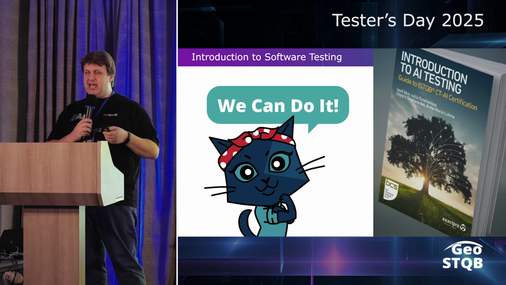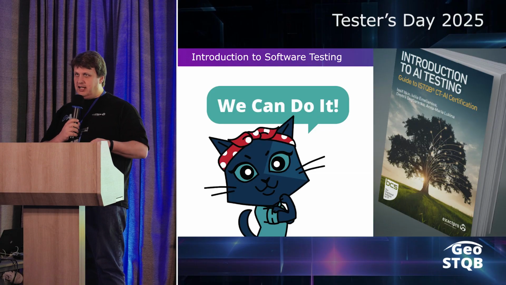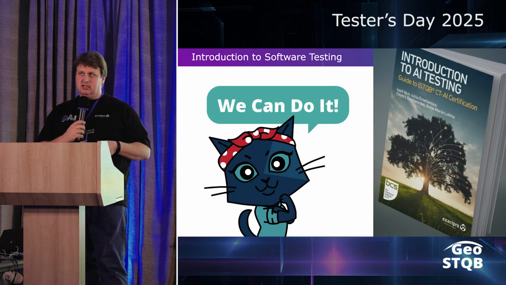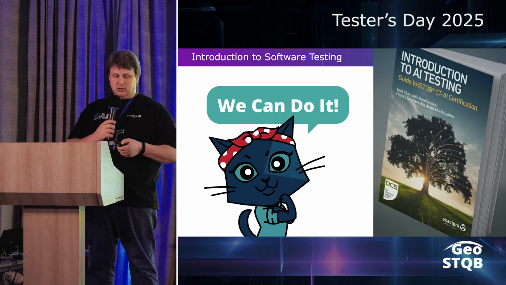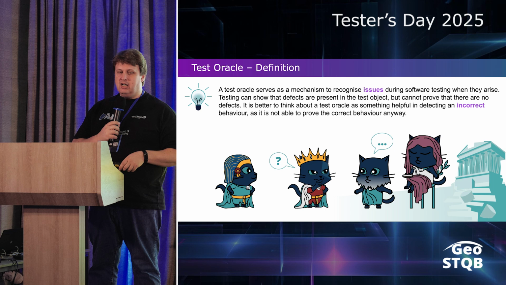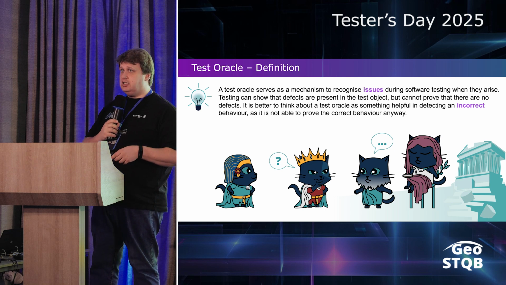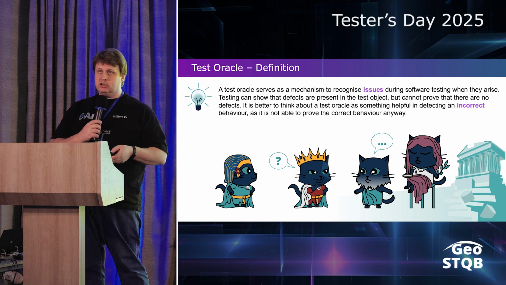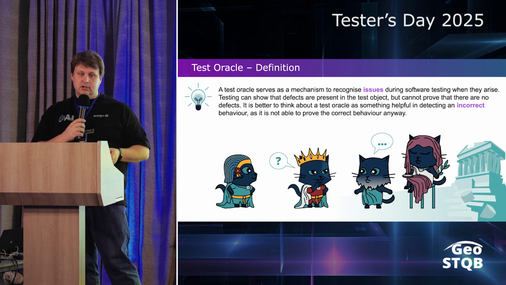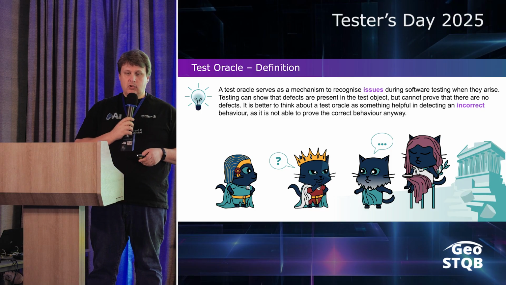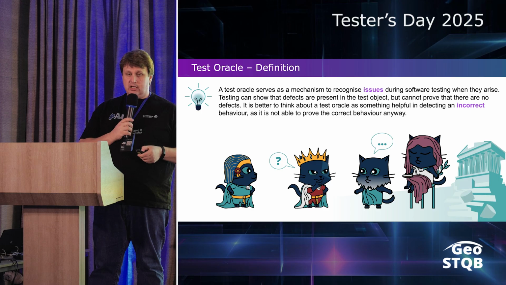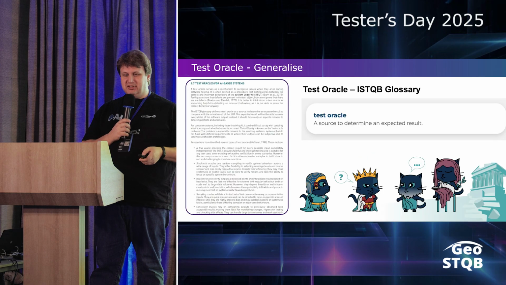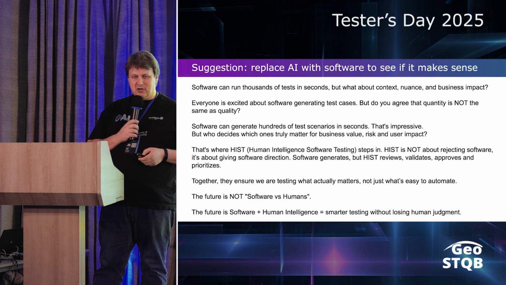Many things that are absent in CTFL are present in the AI testing syllabus, and that's why it is good. In particular, it contains lots of information about test oracles that is completely absent in the foundation level. And of course, it is present in our book.